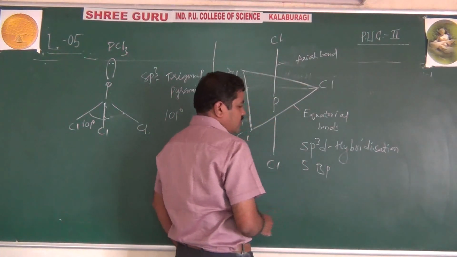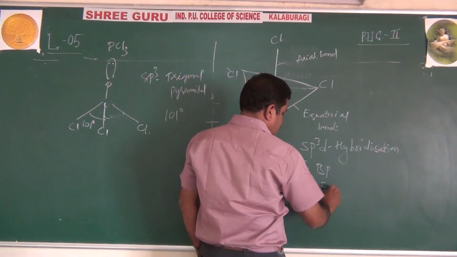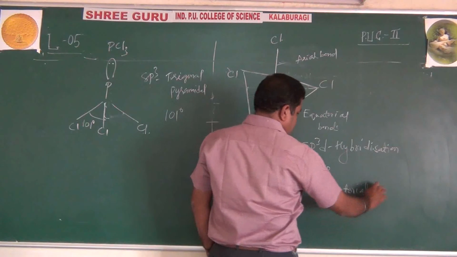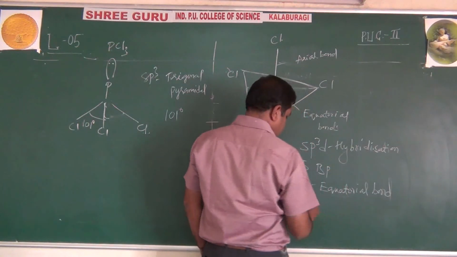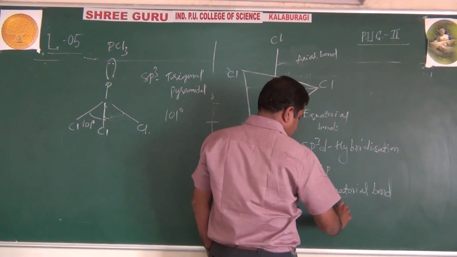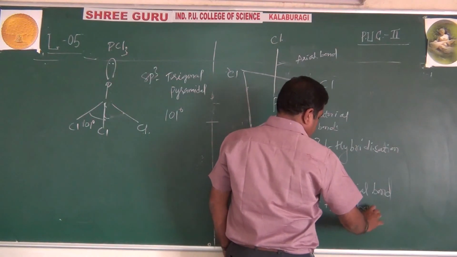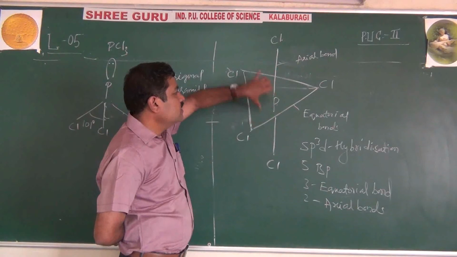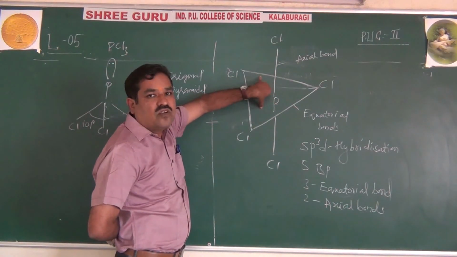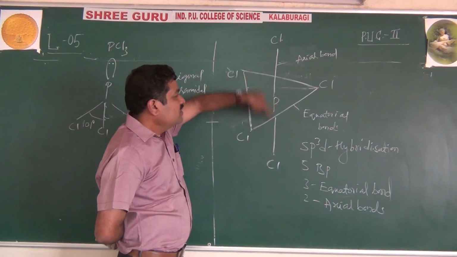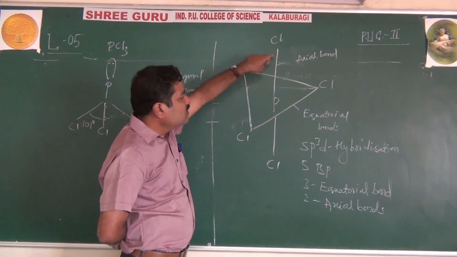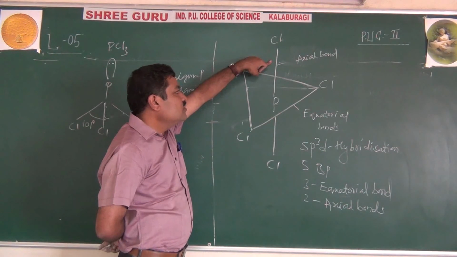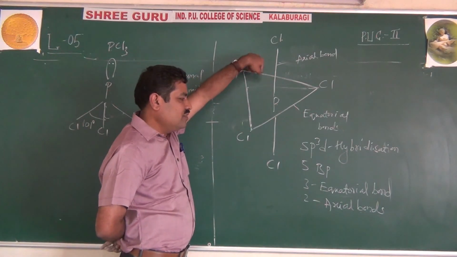What are those? 3 equatorial bonds and 2 axial bonds. Axial bonds are longer than equatorial bonds. Equatorial bond lengths are equal, but axial bonds are longer and show more repulsion toward the bonding pairs of electrons.